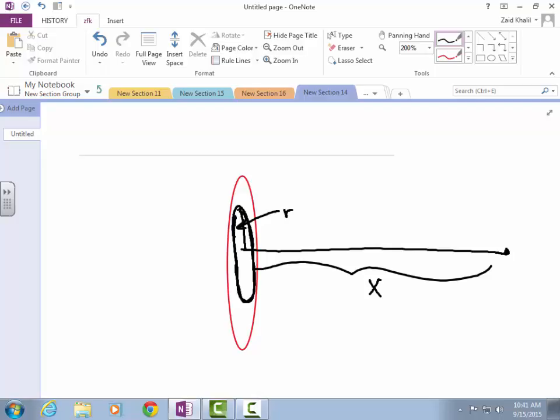No, I need like a large disk. Oh, here. All right, perfect. So here's your disk, right? And so now what I did was, let's suppose this is a solid disk.